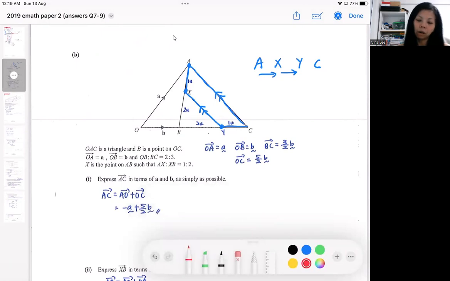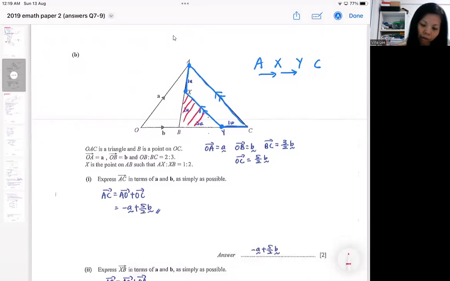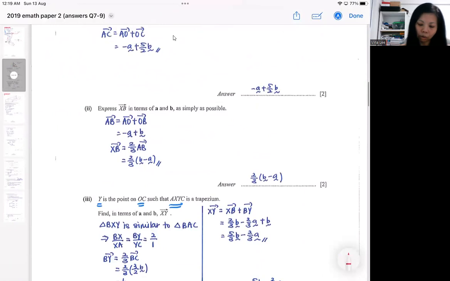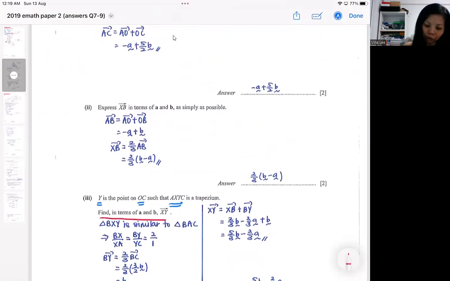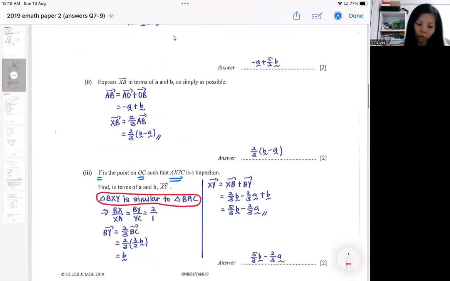So first of all, because of the parallel line, I managed to see a pair of similar triangles. I am not proving the similar triangle because it's not part of the question. I'm just indicating that that is a similar triangle so that I can use the ratio.